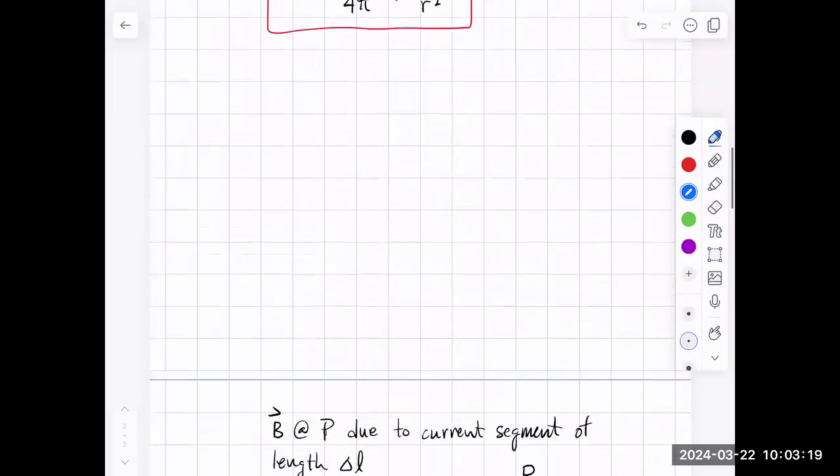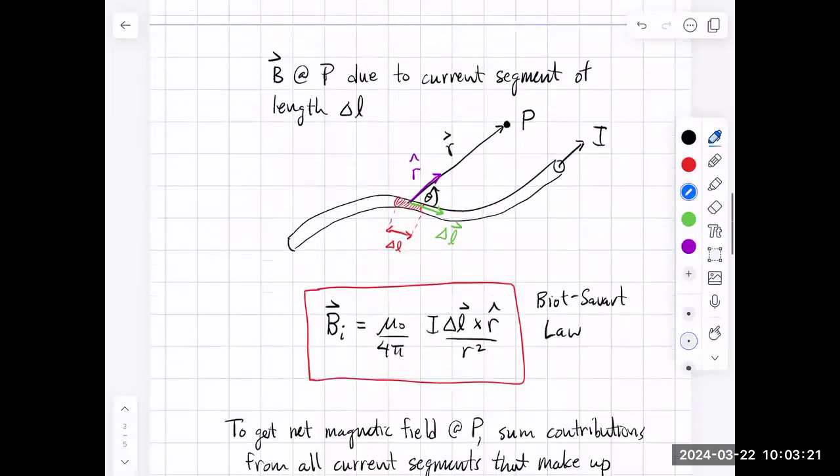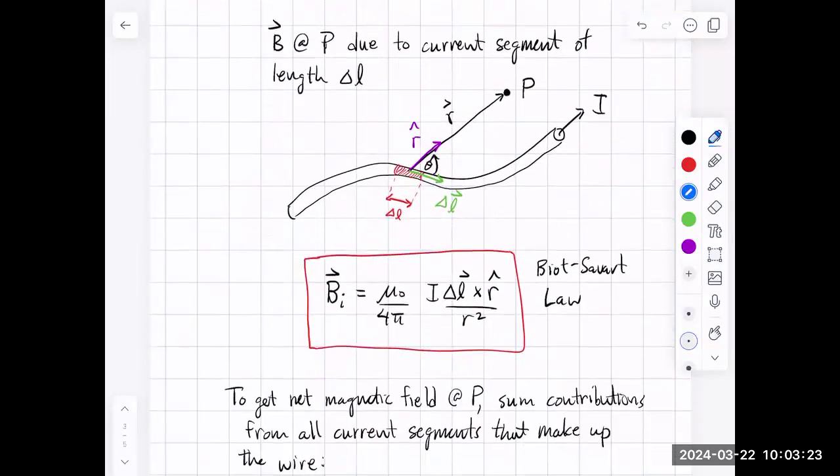All right. Then we said, typically when we have moving charges, a common way to do that is to have a current in a wire. So we recast this expression to be not in terms of a single point charge, but in terms of a little segment of current of length delta L. I've drawn a wire carrying a current, and I've highlighted a little segment, colored red.